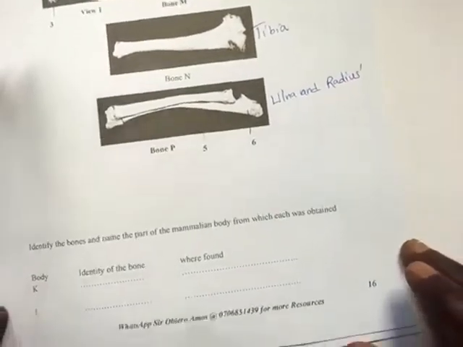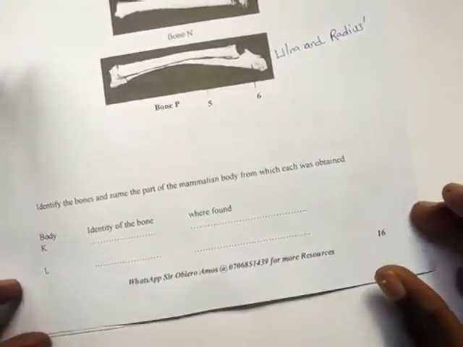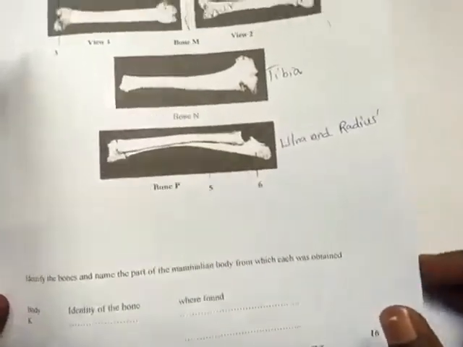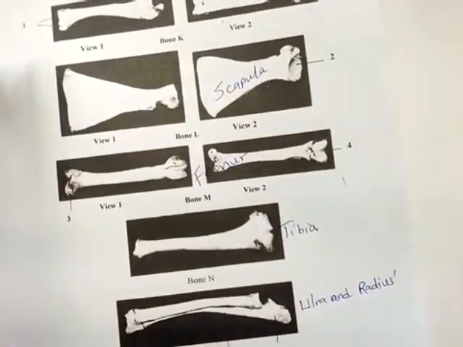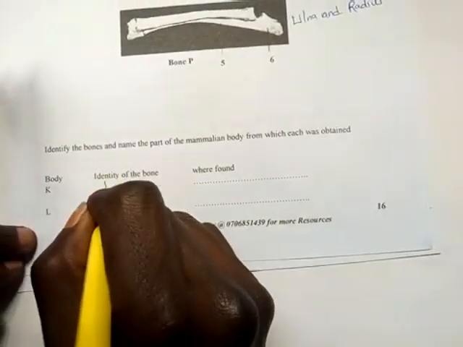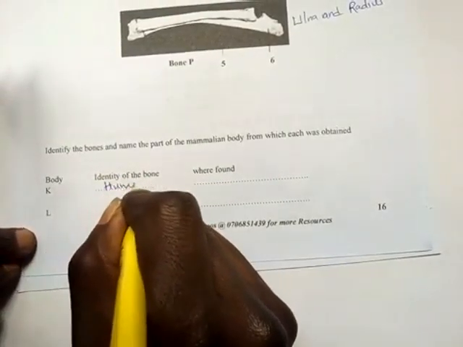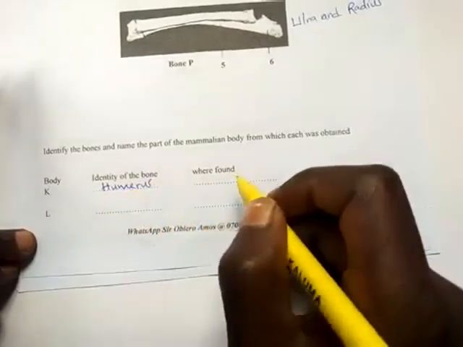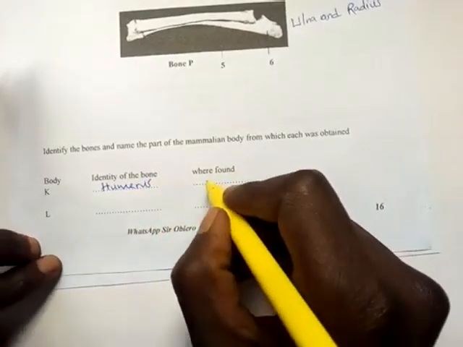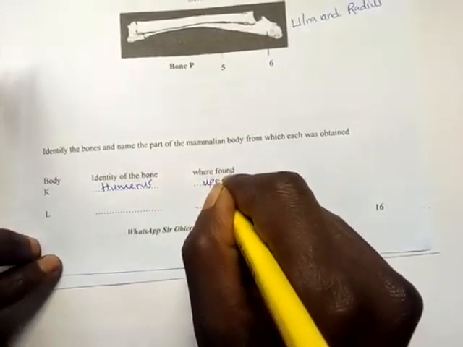Now let's answer our question. Identify the bone and where it is found. Bone K, we have said this is the humerus, and it is found in the upper forelimb.